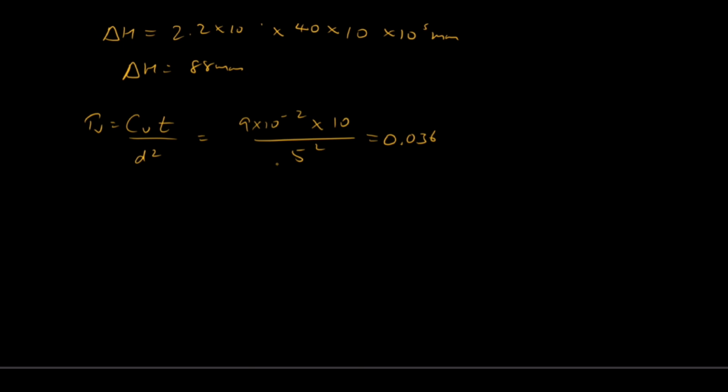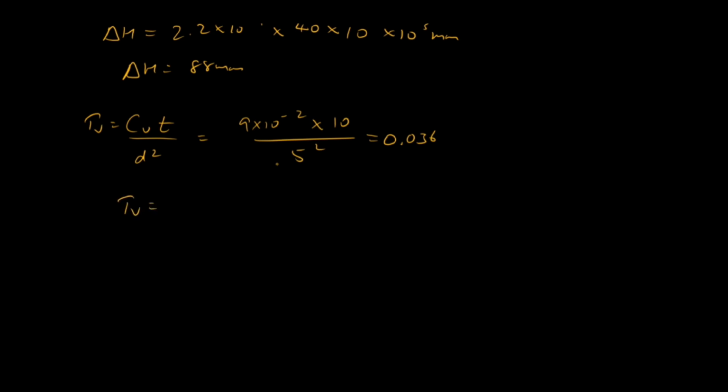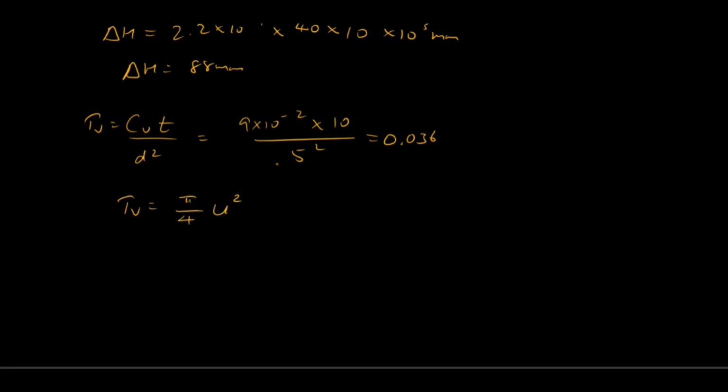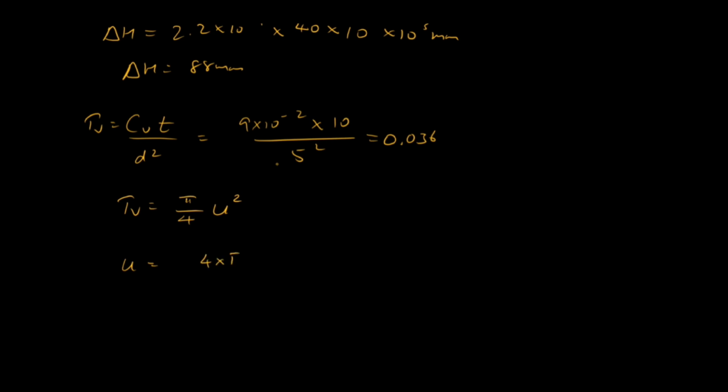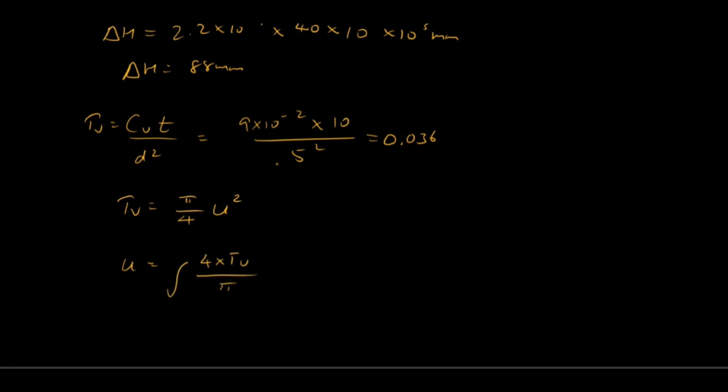Also, the degree of consolidation we assume it as lesser than 60. So we get Tv will be equal to pi by 4 U square. We need to find out the degree of consolidation, right? So from this equation, we can get U will be equal to root of 4 into Tv by pi.